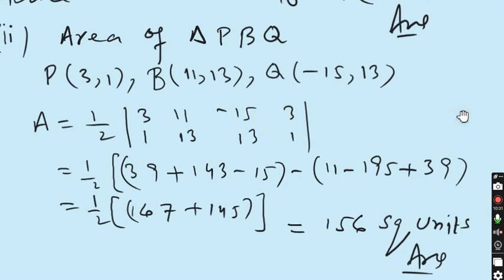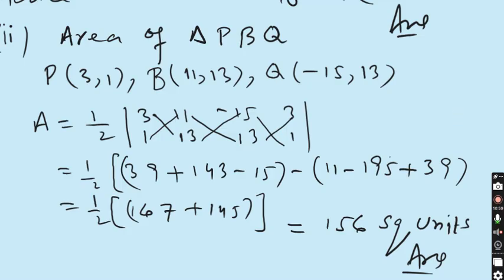So 3 multiplied by 13 first, 11 multiplied by 13, minus 15 multiplied by 1. 3 13s are 39, 11 13s are 143, and minus 15 ones are minus 15. Now the other diagonals: 1 multiplied by 11 you get 11, 13 by minus 15 you get minus 195, and 13 multiplied by 3 is 39.